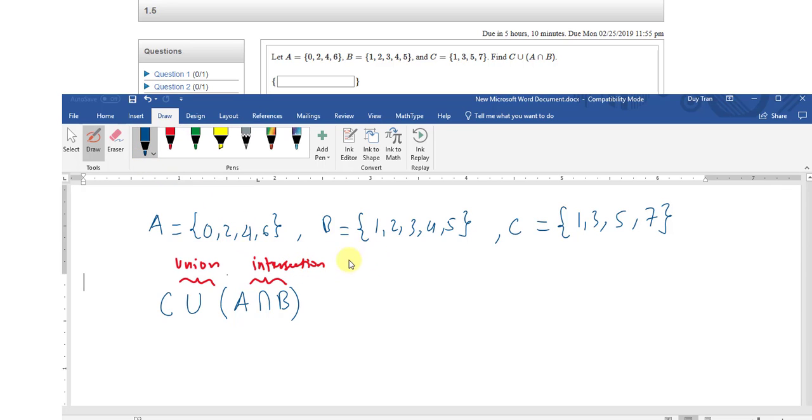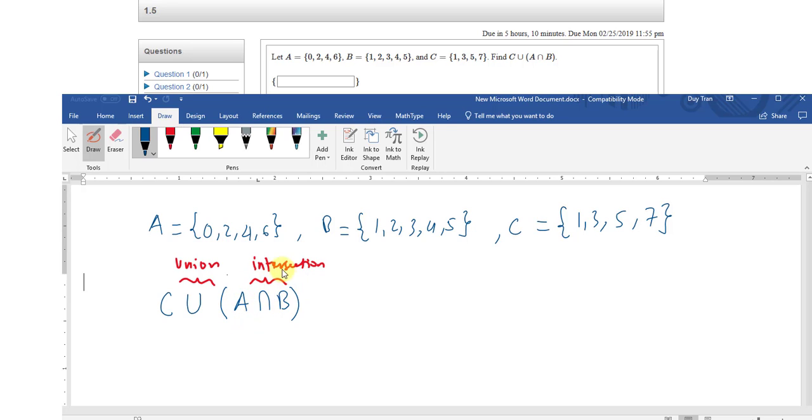Okay, now when we find a set here, we see that there's a union and a parenthesis here. So again, it's similar to algebra. We always take care of stuff inside the parenthesis or the brackets first. So let's just take care of stuff inside here.